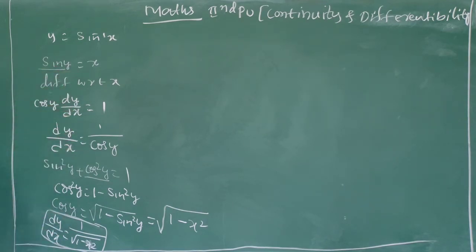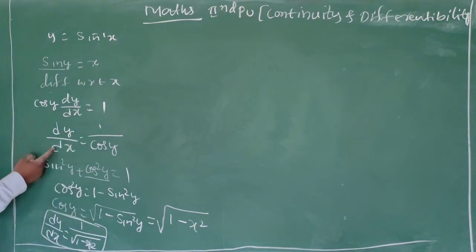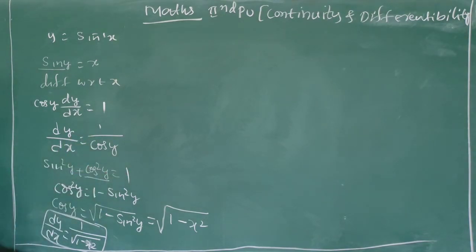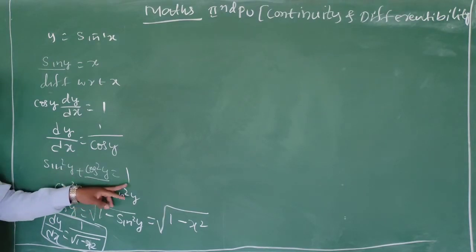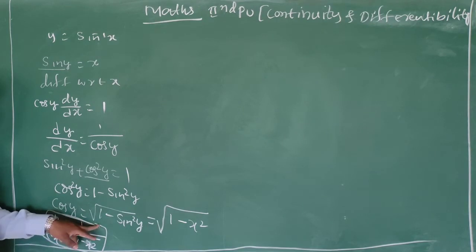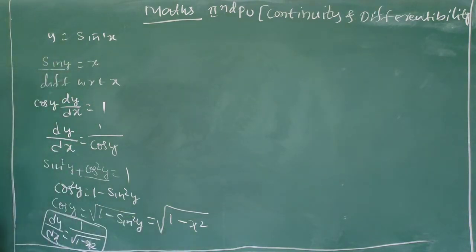Y differentiation is dy by dx, x differentiation is 1. dy by dx equals 1 divided by cos y. We know the identity sin square y plus cos square y equals 1. Cos square y equals 1 minus sin square y. Cos y equals square root of 1 minus sin square y. Sin y is equal to x, so that is square root of 1 minus x square. Now substitute this value in dy by dx. dy by dx is equal to 1 divided by square root of 1 minus x square.